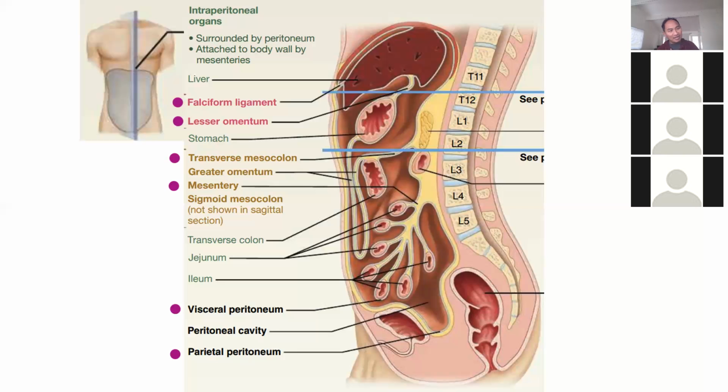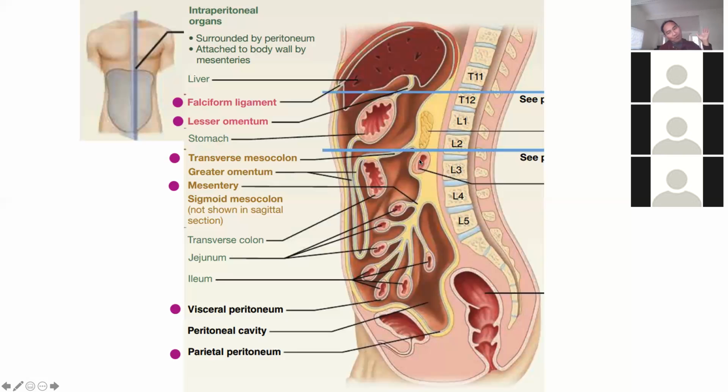So from this diagram, again, we have to appreciate that our urinary bladder is outside the peritoneal cavity. This is the peritoneal cavity. So our urinary bladder is outside the peritoneal cavity. This rectum is outside the peritoneal cavity. And this is the duodenum.